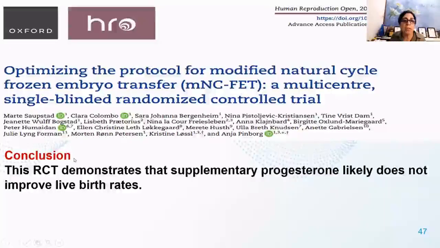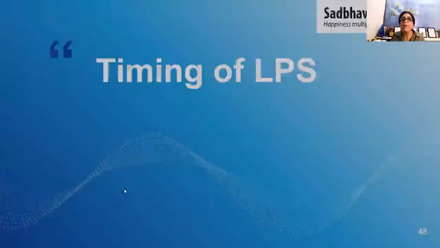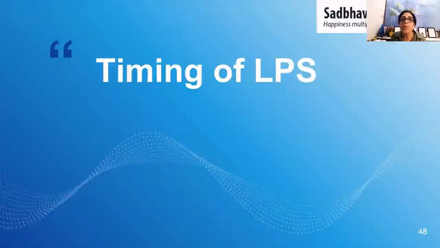And they came to the conclusion that this RCT demonstrates that supplementary progesterone likely does not improve live birth rates. So it is for you to decide whether you want to give progesterone or not in a modified natural cycle. Perhaps the HCG trigger acts as a luteal phase support. But if you're not using the trigger, then progesterone needs to be added.